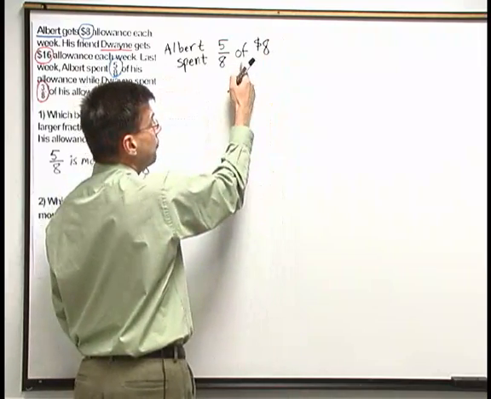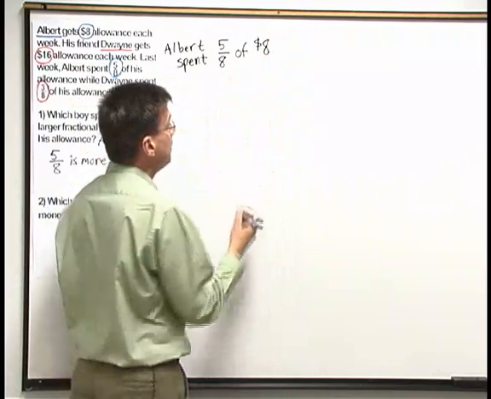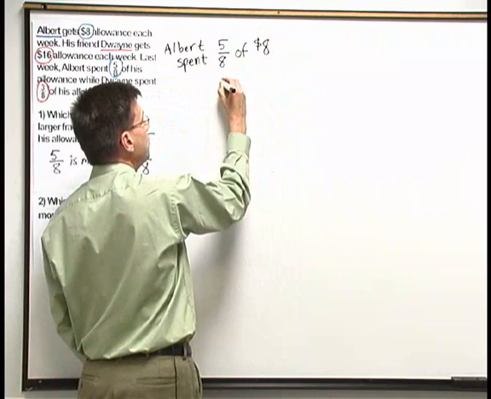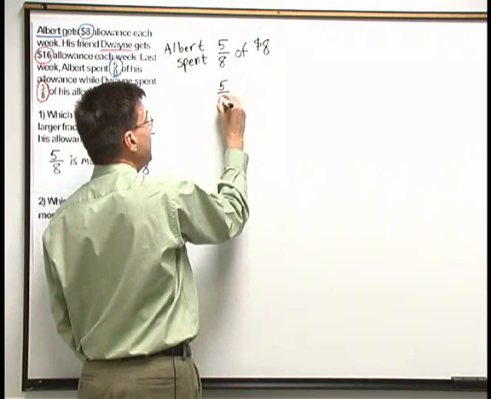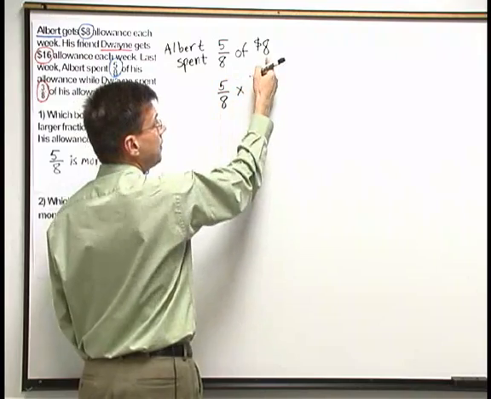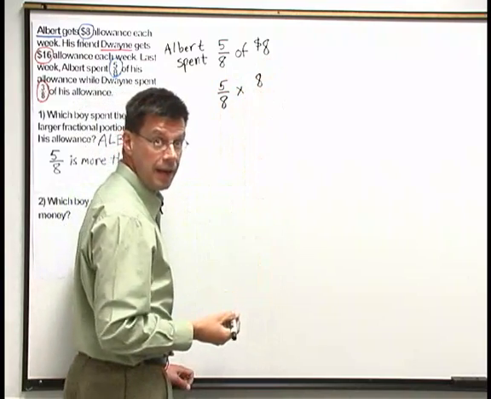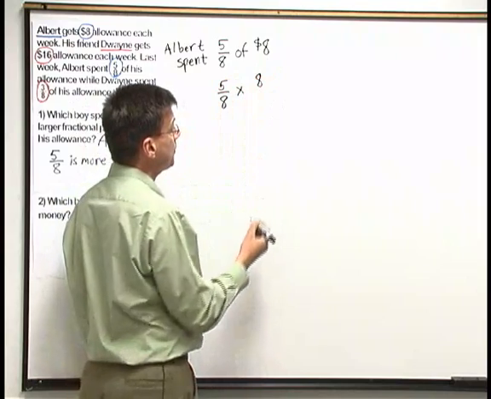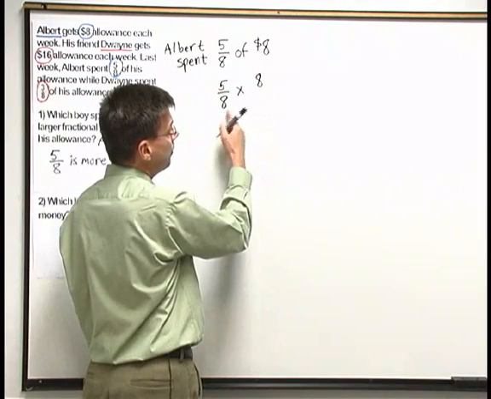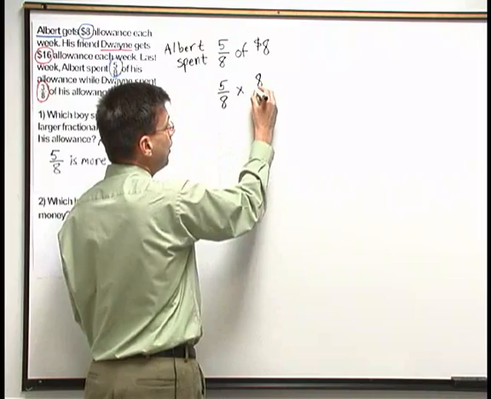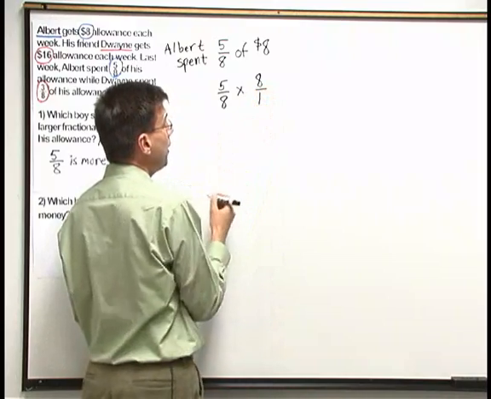When we want to find a fraction of a quantity, we can take that fraction, in this case 5/8, times that quantity, times the whole number 8, representing the $8. Because I'm taking a fraction times a whole number, I'll write that whole number over 1.